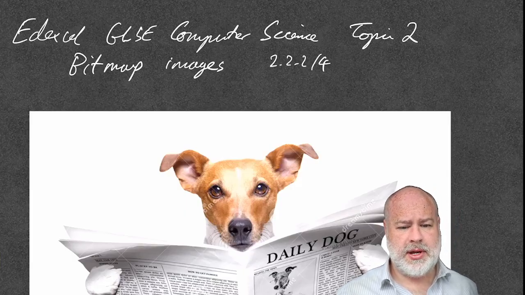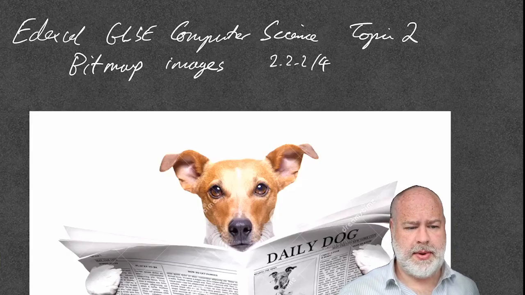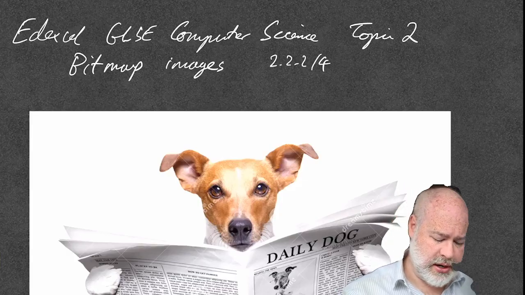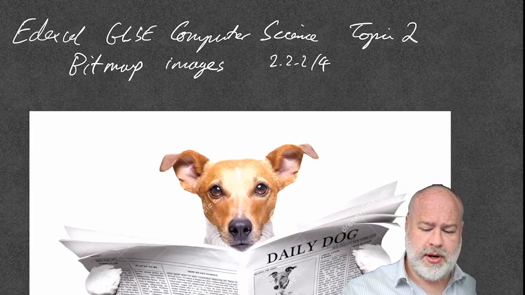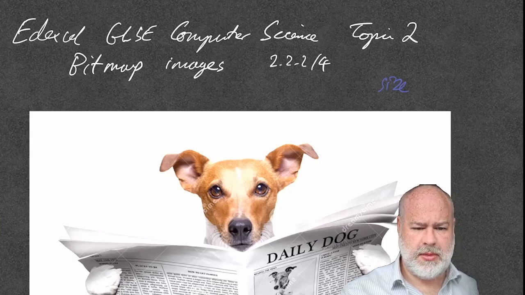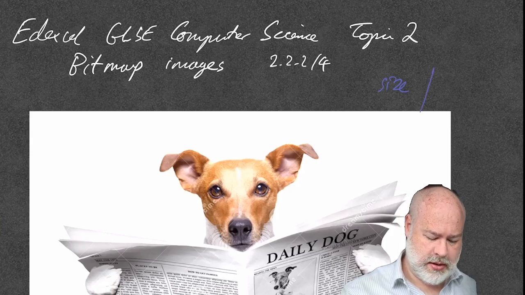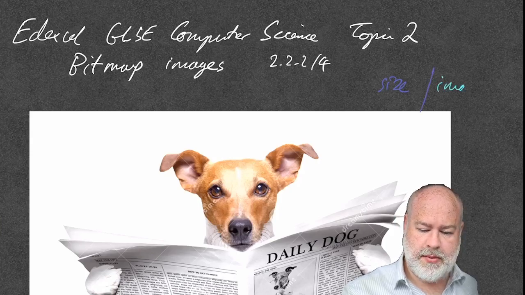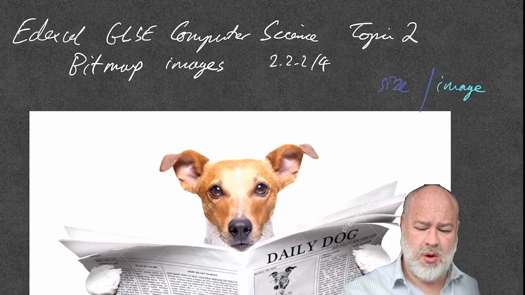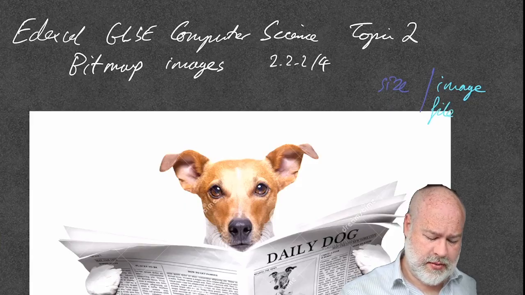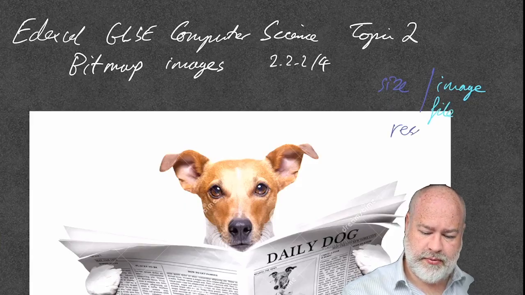The key to understanding any questions about Bitmap Images is not to be lost in jargon, because you'll hear words like size, right? And what does that mean? That could mean image size, or it could mean file size. And then there'll be another word there, resolution.